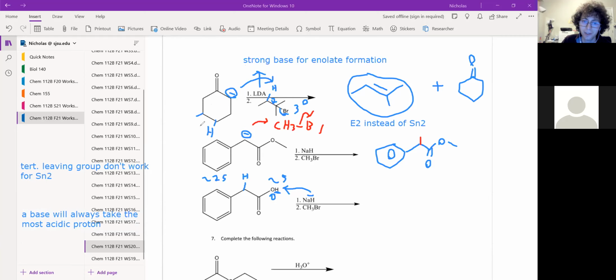We also had hydrogens here. But remember, there's nothing special about them. They're just carbon-hydrogen bonds. They have a pKa of like 50. So they're weaker acids and we ignored them. We just looked at the alpha spot. But it was the same idea. We took the most acidic proton. And here we're going to take it from the carboxylic acid.